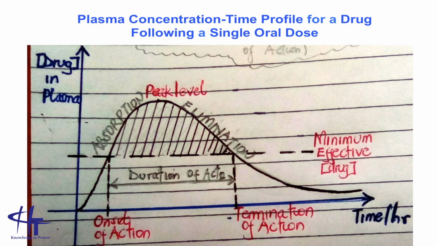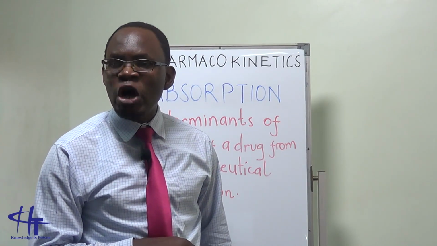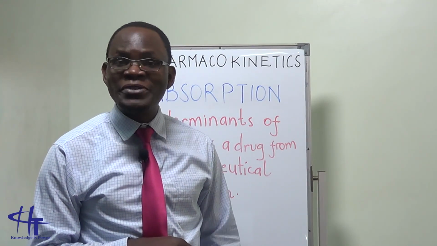Now, there are quite some important things that I want us to look at here. Basically, there is what we call the minimum effective concentration of the drug. For example, if you're taking the drug for pain management, like paracetamol, all the drug does not necessarily need to be absorbed for it to start working.